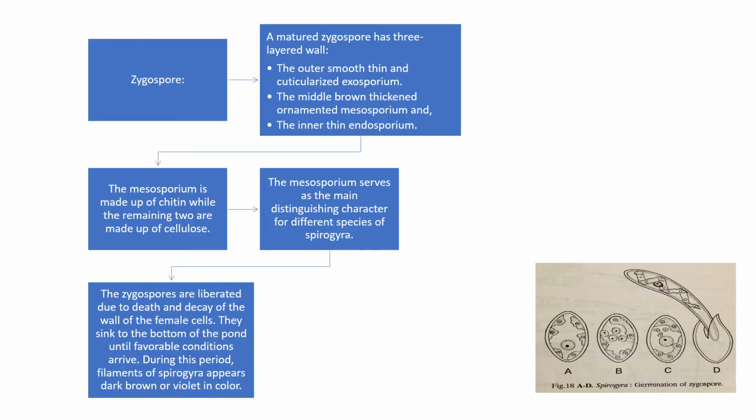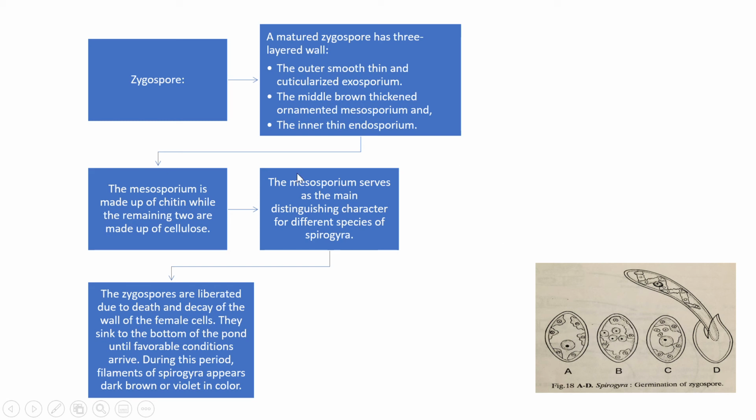Then we'll move on to the zygospore. A mature zygospore has a three-layered wall: the outer smooth, thin and cuticularized exosporium, the middle brown, thick and ornamented mesosporium, and the inner thin endosporium.